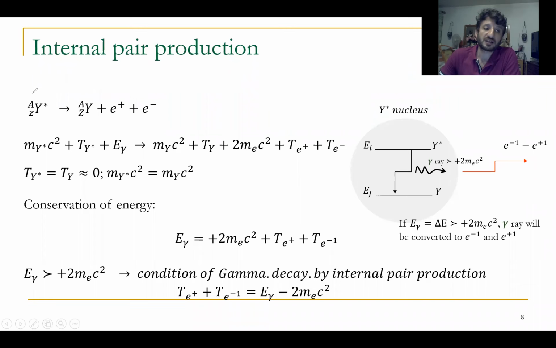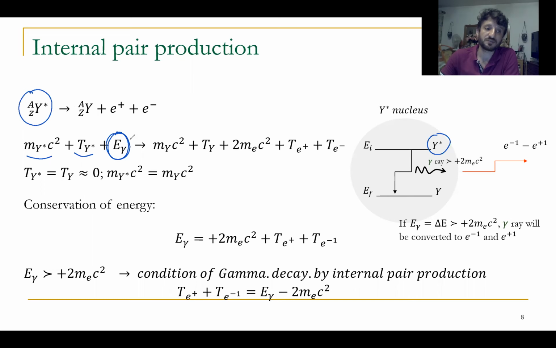Let me write the energy equation. At the initial state, we have the rest mass energy M_Y c squared plus the kinetic energy, and inside we have the excitation energy, E gamma. In the excited state, Y star holds this quantity conserved inside.